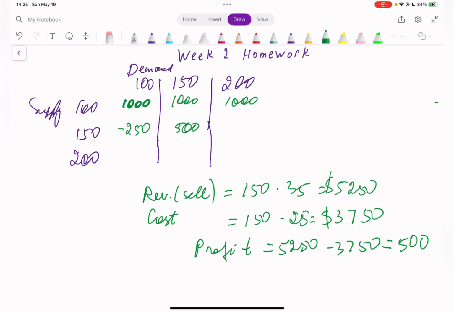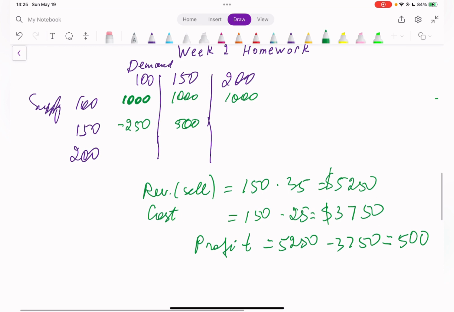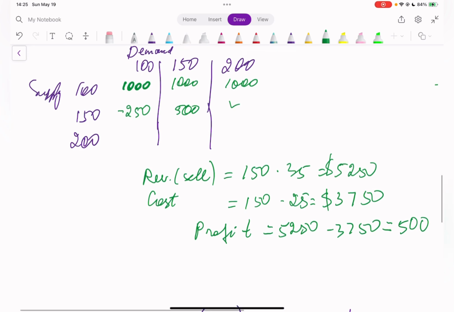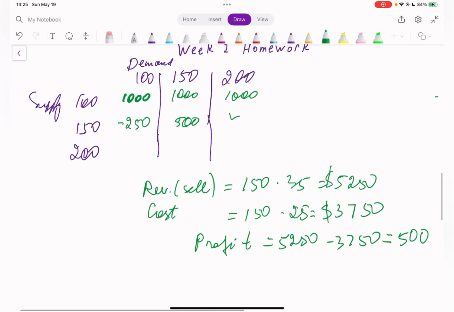Now, we offer 150, we can make supply 150, but demand is 200. So practically it's gonna be the same way. We can supply only 150, which is gonna be the same amount, 500, right? Just like in the previous case.